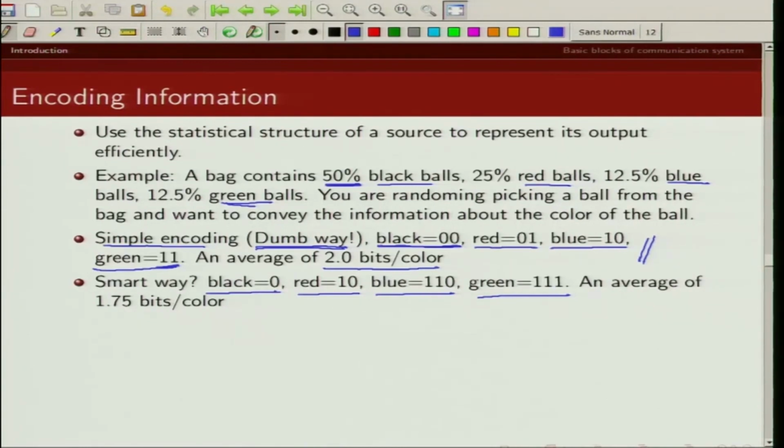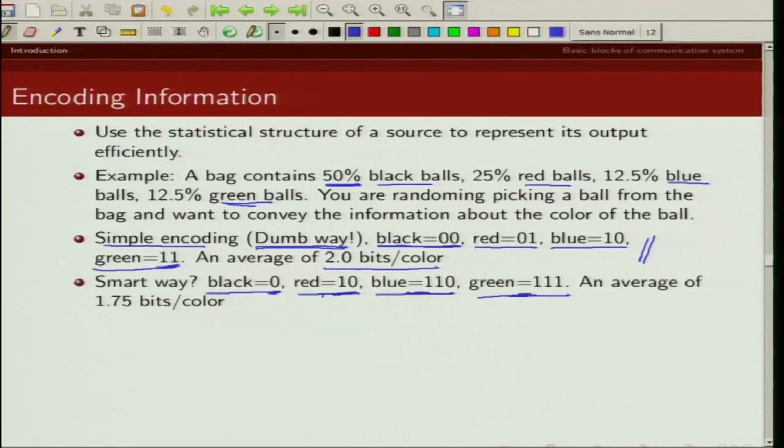Please note, none of these codes which I am using is a prefix of any other code. For example, if I get a 0, that is a black ball. Now note, none of the others are starting with 0. Red does not start with 0, blue does not start with 0, green does not start with 0.